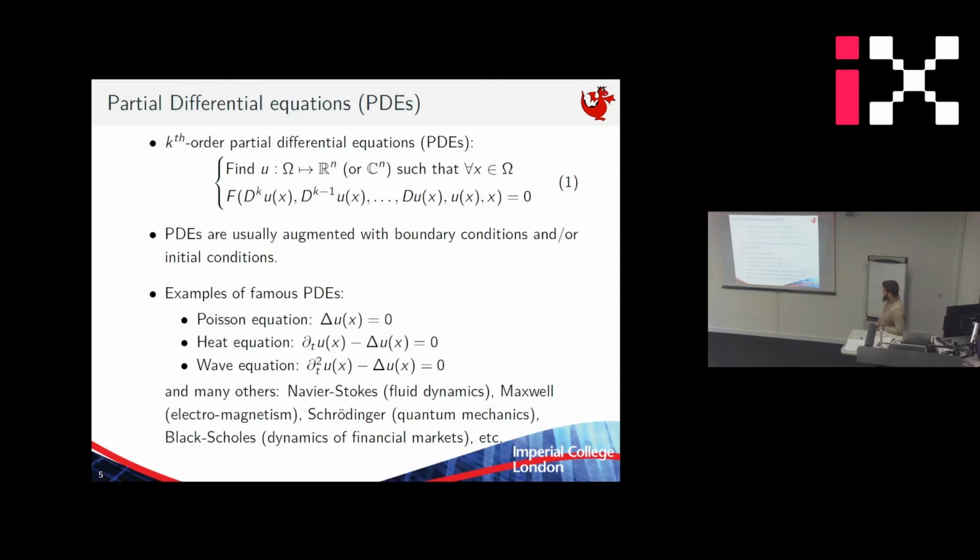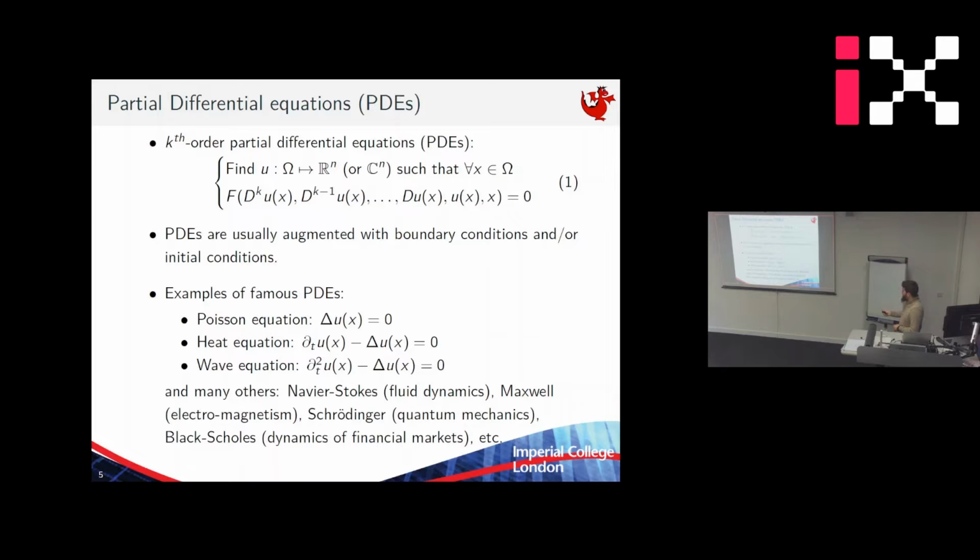Usually, for that problem to be well posed, in the sense that we know there exists a solution, that the solution is unique, and that it depends continuously on the data, plus other criteria, you augment it with boundary conditions. Let's say you want to model the way heat propagates in this room. You know that over the walls the heat will propagate in a certain way. You can impose a boundary condition: when I solve my PDE in that room, on the walls, this should be the solution I get.